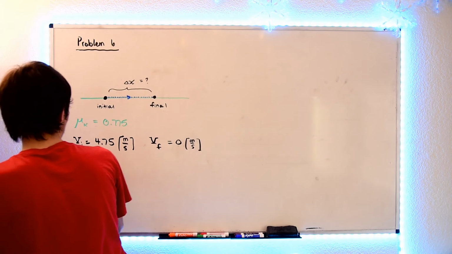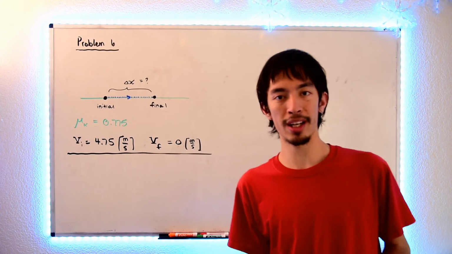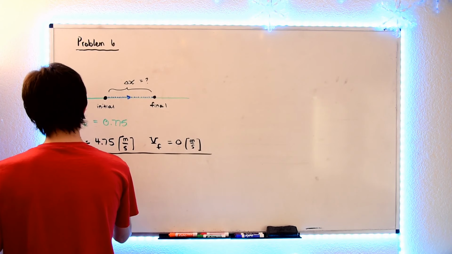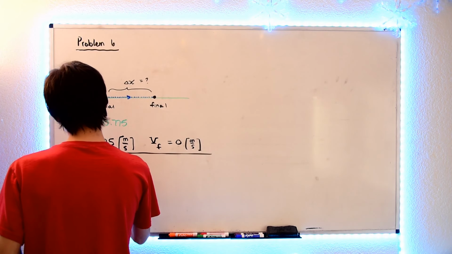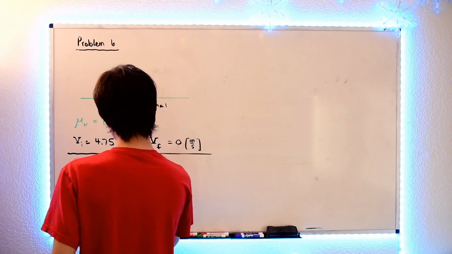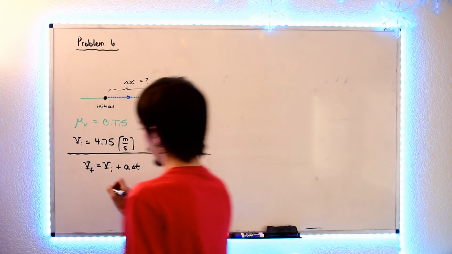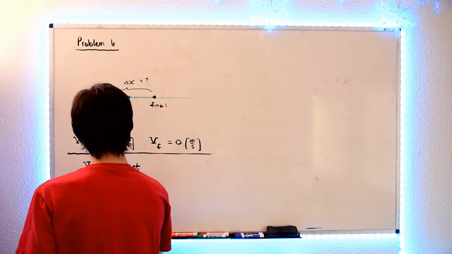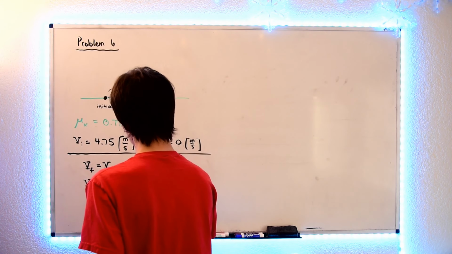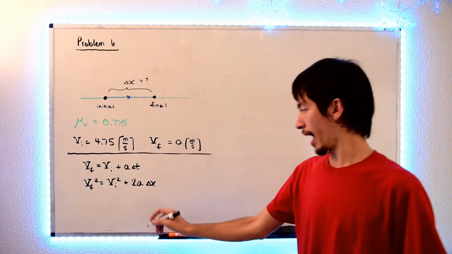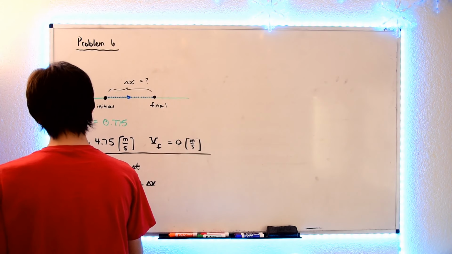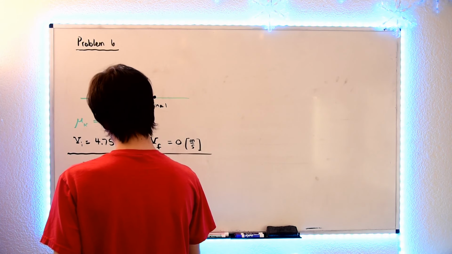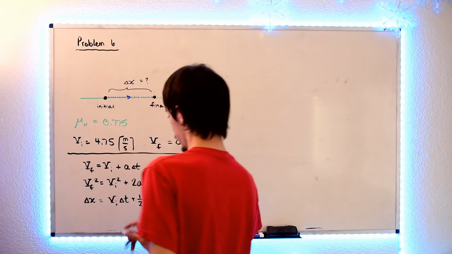So for kinematics, we need to remember the kinematics equations. The main ones that we care about are V final equals V initial plus acceleration times time, delta t. V final squared equals V initial squared plus 2a delta x. And the last one that we use a lot is delta x equals V initial delta t plus 1/2 acceleration delta t squared.